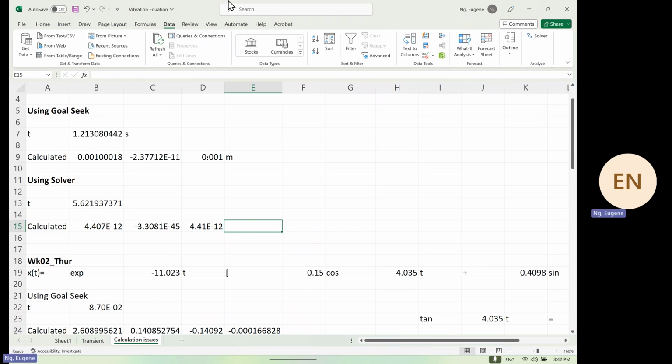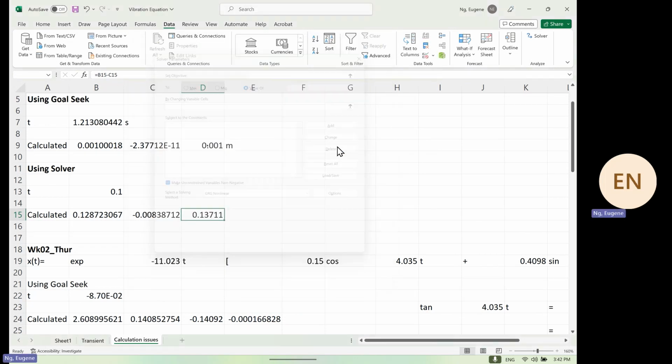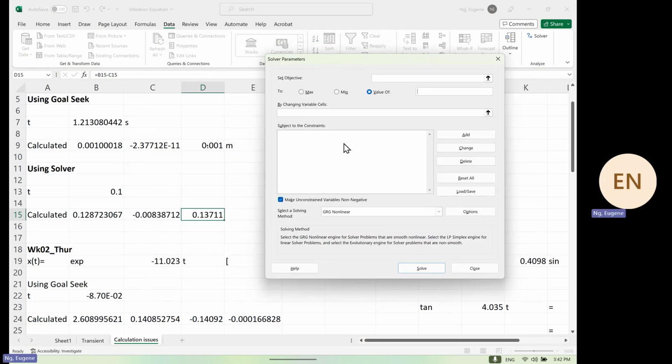Now I'm going to change this number back to 0.1 and click Solver. You know what? I haven't tested this yet. I hope it works. I'm going to delete this constraint. So we're going to use the Solver.